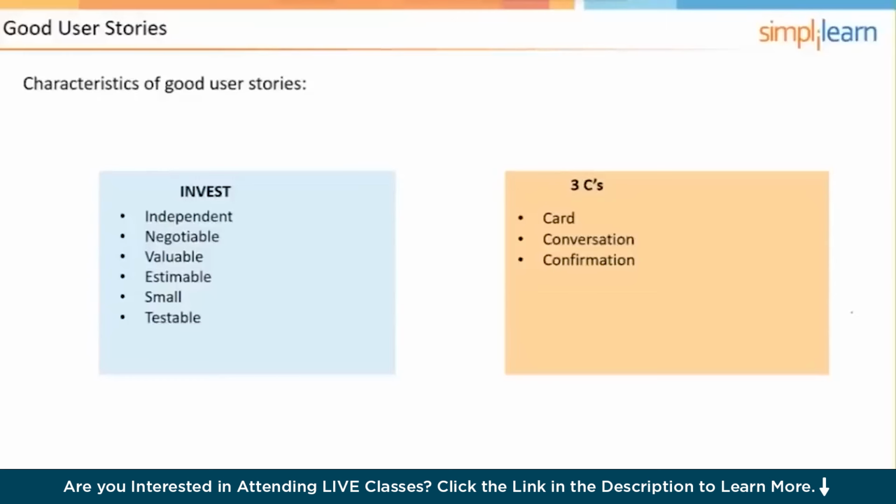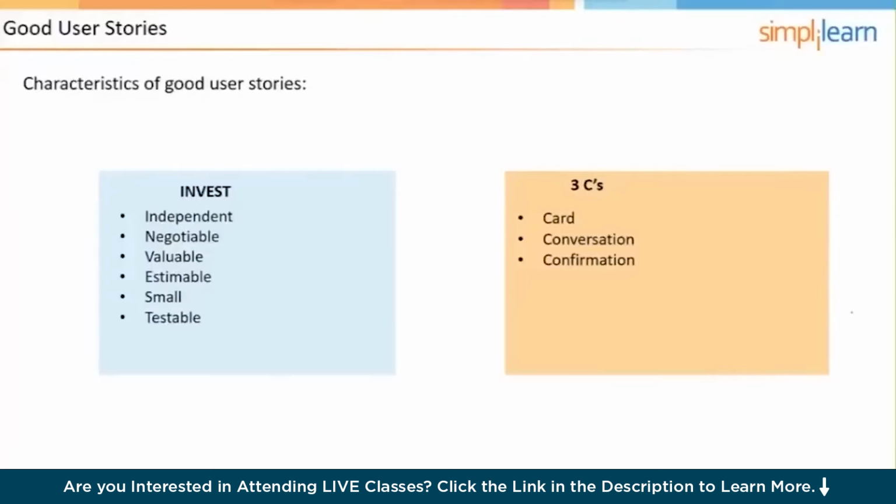So every user story has to be testable. Okay, so that's invest, and so let's add that to our list of things to memorize. Invest. And then the next one we have here is the 3 C's of a user story.